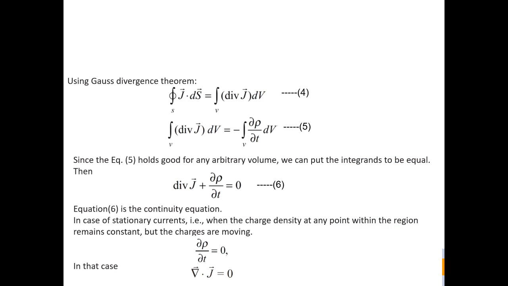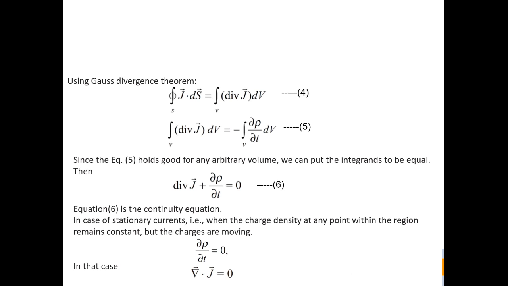Now to that equation 3, we can apply the Gauss divergence theorem on the left hand side because we have a surface integral, and that can be converted into a volume integral. And according to Gauss divergence theorem, the surface integral of some vector is equal to the volume integral of the divergence of that same vector, and that I've stated in equation 4.